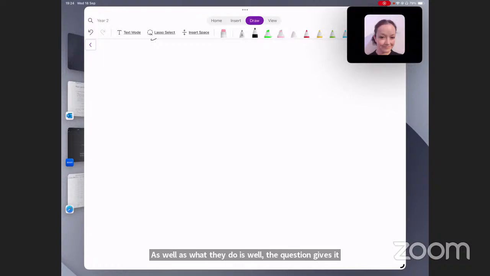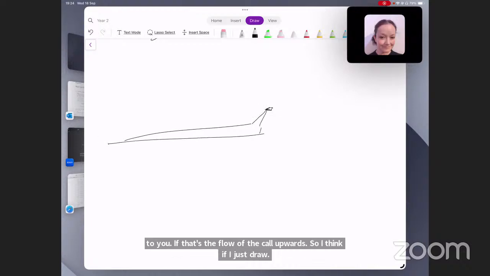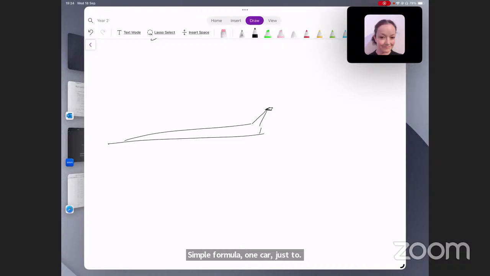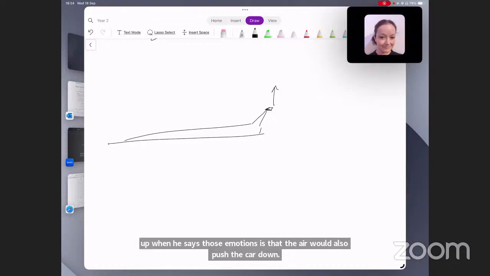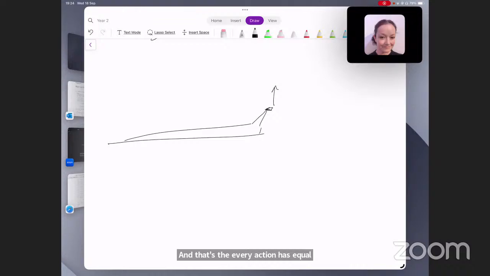So if I just draw a simple Formula One car, as best as I can draw that. When it directs the airflow upwards, what the question hints at when it says Newton's laws of motion is that the air would also push the car down, and that's every action has an equal and opposite reaction, Newton's third law.